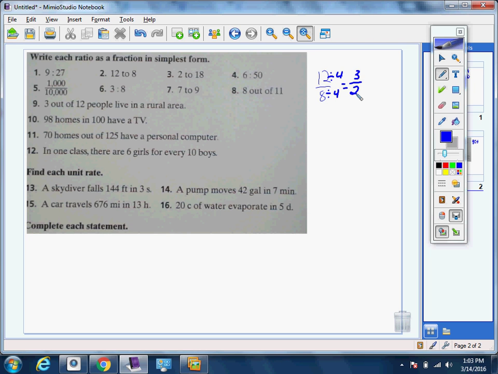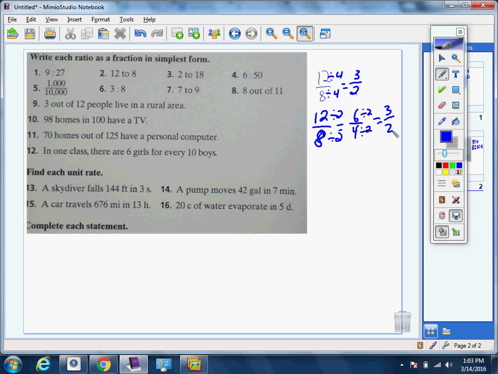Okay, so for that one, you got it right. You put 12 divided by 4. I did 12 divided by 2. If you divided them both by 2, you would have found out that it came out to 6 over 4, and then you realize you could divide by 2 again, because both of those are divisible by 2, which leaves me with 3 over 2.